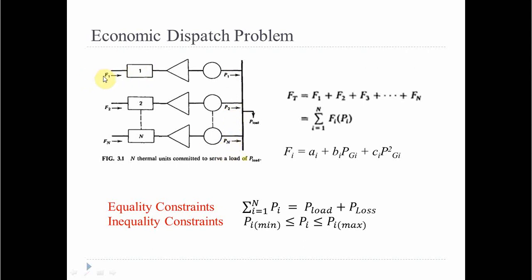These thermal units will have certain fuel input which is given as F1, F2, so on till Fn. So these fuel inputs are a function of the power output, that is PGi, or I can simply write it as Pi. So fuel input is a quadratic function of the power output.